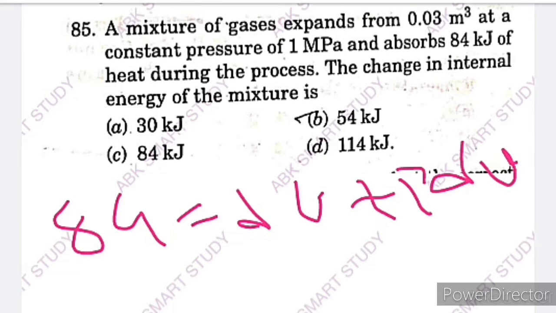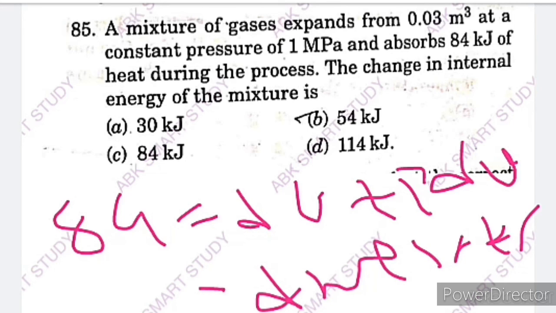Then here du is equal to 84 minus 1 into dv, 0.06 minus 0.03, which is 30 kilojoule.